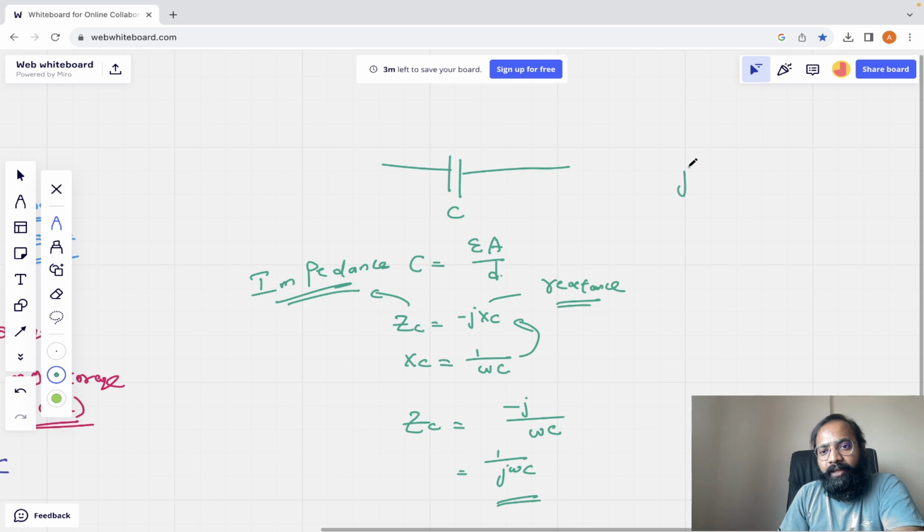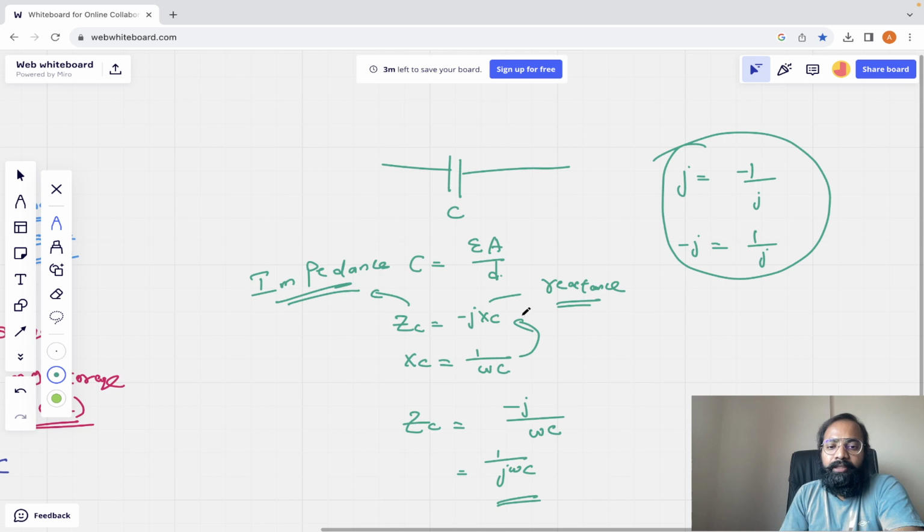Why? Because j can be written as minus 1 by j, and minus j can be written as 1 by j. So that's why you can write minus j divided by omega C, or else 1 divided by j omega C also. Anything is fine. So it is the impedance of the capacitance and it is the reactance of the capacitance.